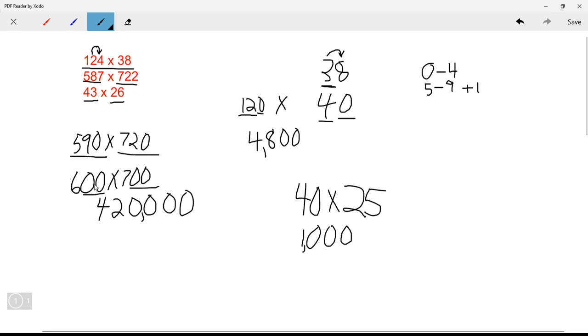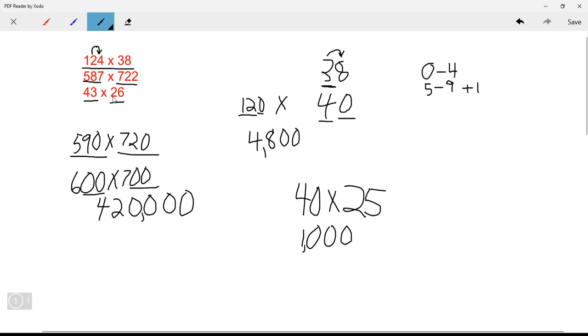But it's just going to be more complicated math to get this answer than it would to get this answer, right? So if you're rounding to the nearest tens, your answer is going to be more precise than rounding to the nearest hundreds.